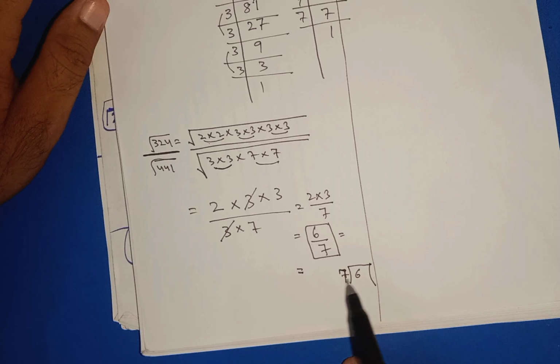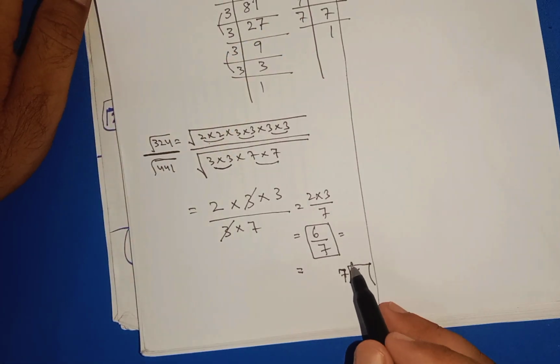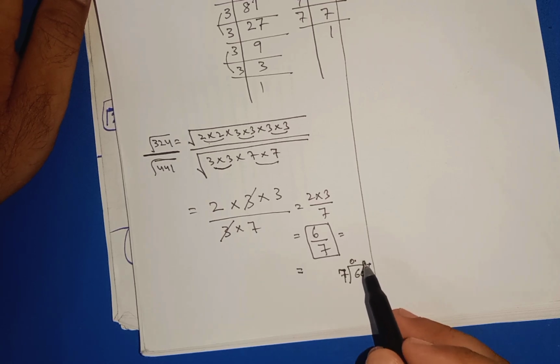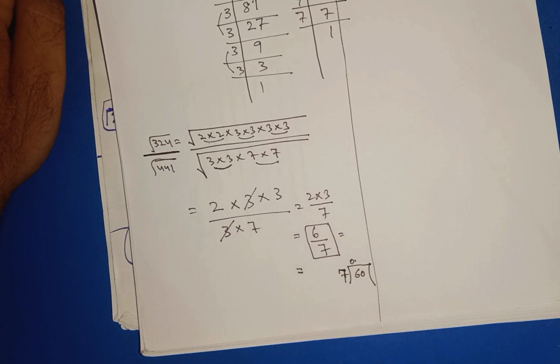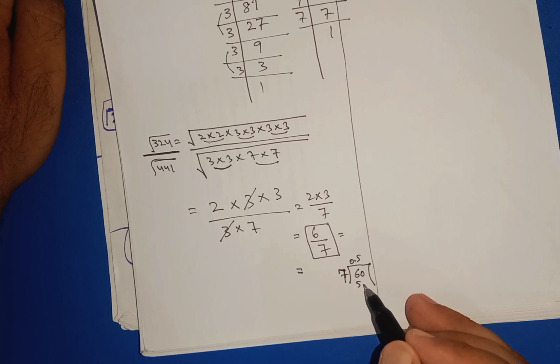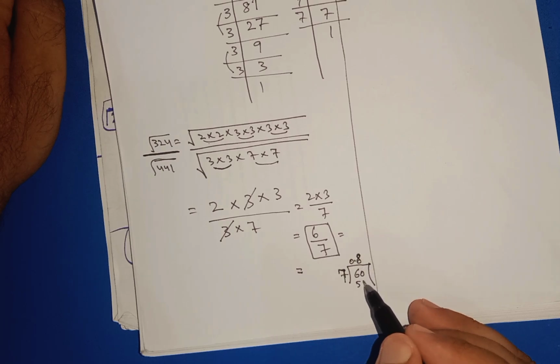So we cannot read the table of 7 on 6. So we will put a decimal here, and we will write 0 here. Now 7 7s are 49, and 7 8s are 56. So we will write 56, 8 times, so 56.